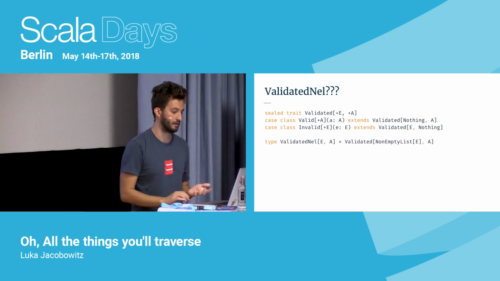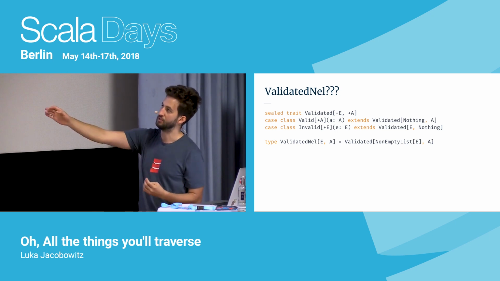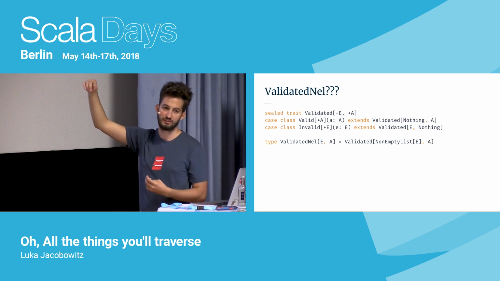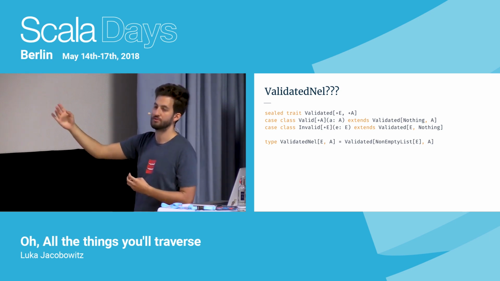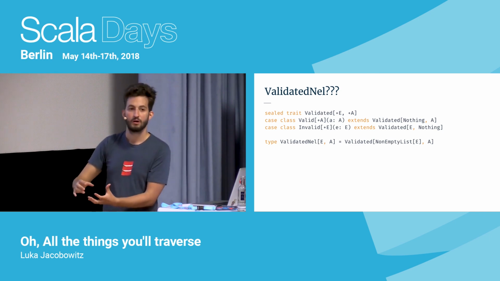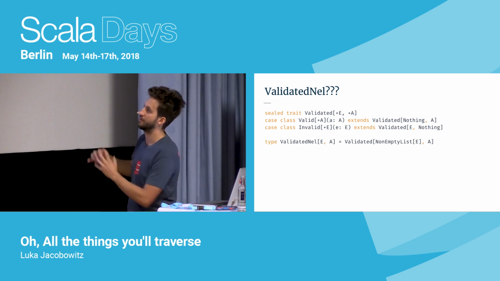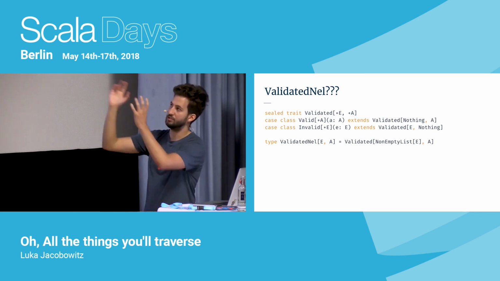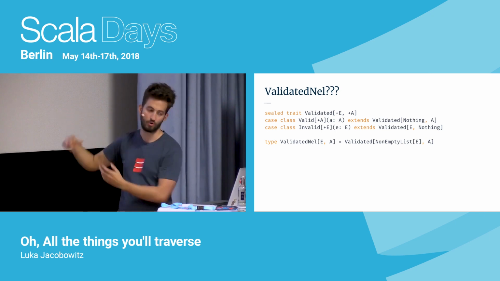And ValidatedNel is just a type alias for Validated with a non-empty list of some type E as its left type, right? So this ValidatedNel of E and A will either return a non-empty list of type E or a value of type A. And this is actually a fully formed applicative, or a fully formed monoidal.